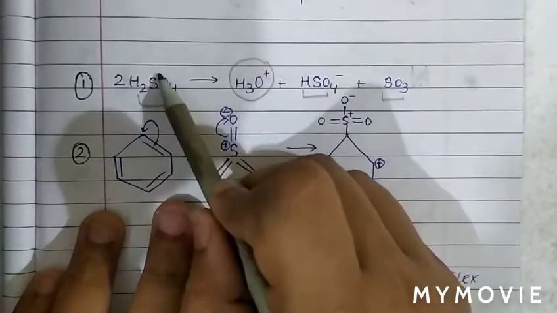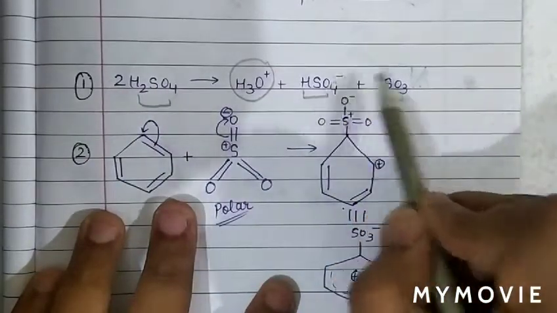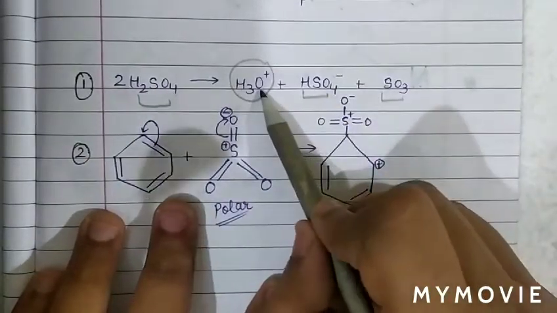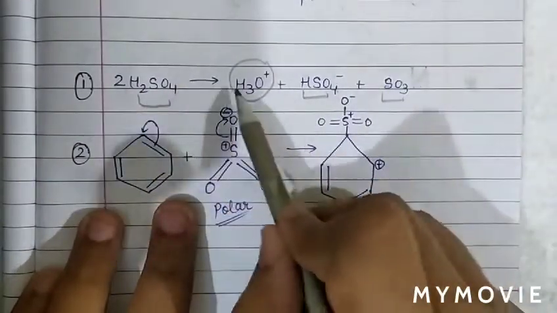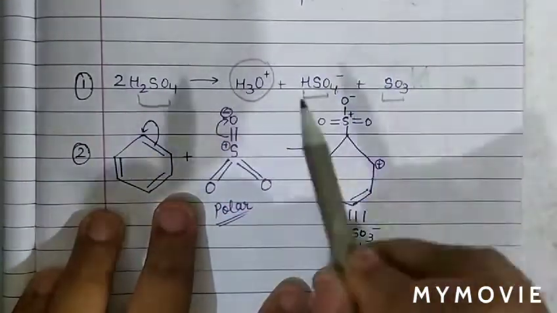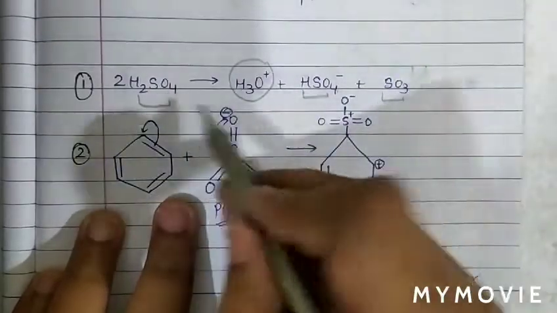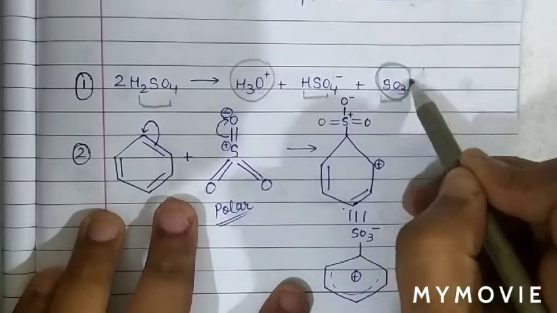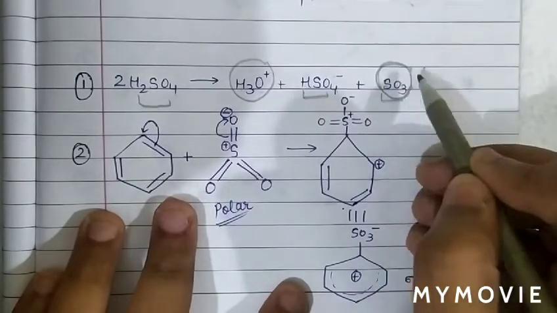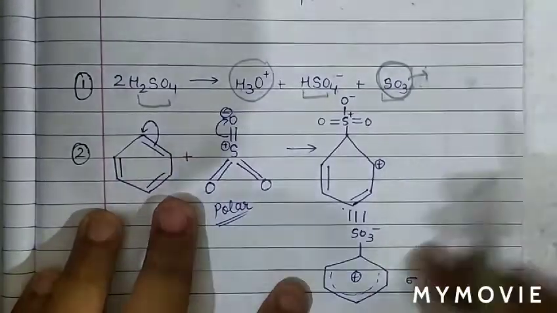How many sulfur atoms are there? 1 and 1, 2 sulfur atoms. Now check oxygen: 4 and 4, 8, and 1, 4, 3, 8. There are also 8. So everything is balanced, charge and atoms. So H2SO4 generates the electrophile, which is SO3. Always remember, in this case the electrophile is neutral, which is SO3.